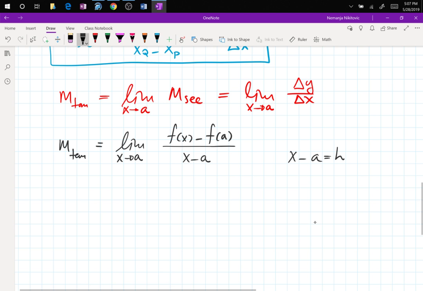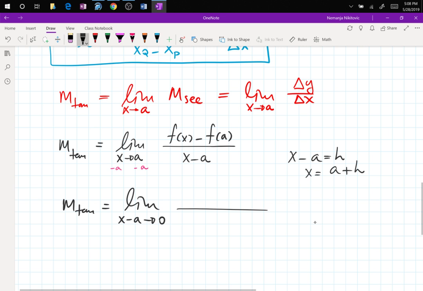So now, to derive this, if I subtract a on both sides in the limit, I get that m tangent is equal to the limit as x minus a goes to 0, and the x value would be a plus h.